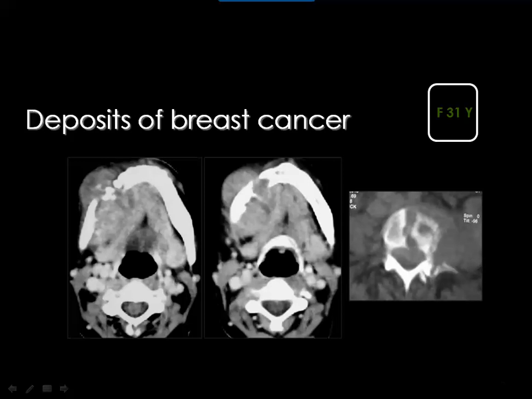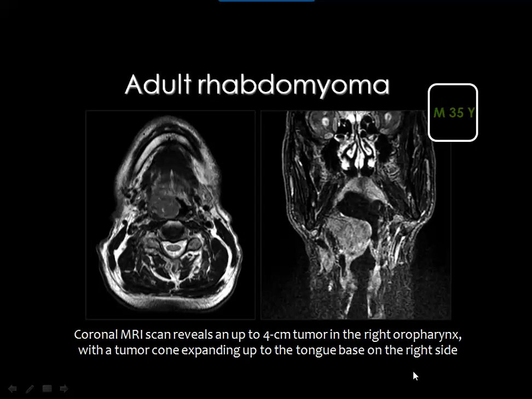And also here is a patient with breast cancer presenting with this mass destroying the mandible with extension outside and inside the borders of the mandible, together with other metastatic disease in the spine, and these are metastatic diseases in the mouth floor.